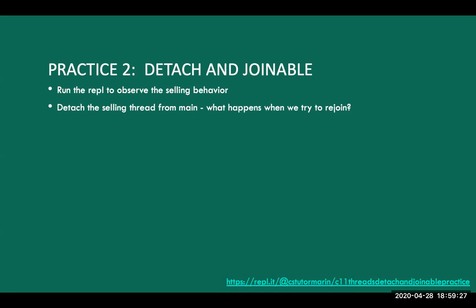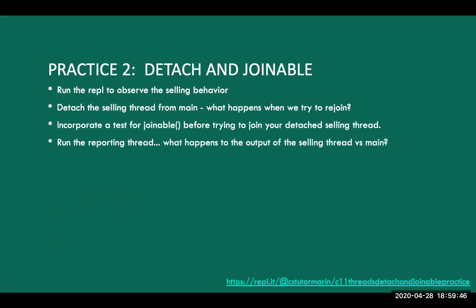We're going to detach the selling thread from main and see what happens when we try to rejoin it. So we want to incorporate this test for joinable so we don't crash the program. If it's joinable, then go ahead and do it. Otherwise, we'll just continue on.